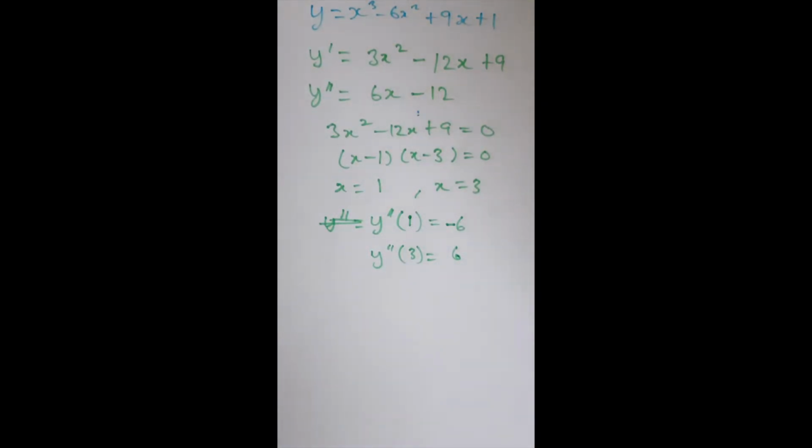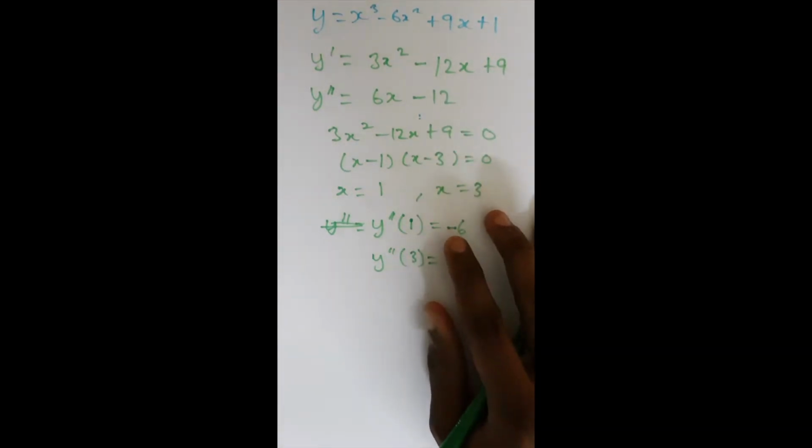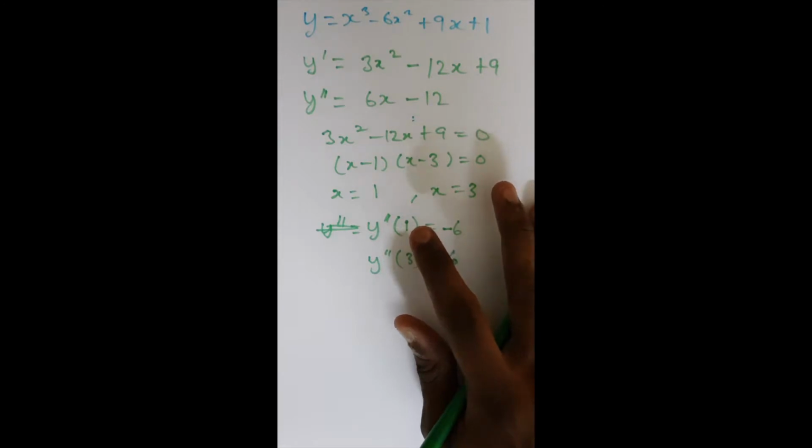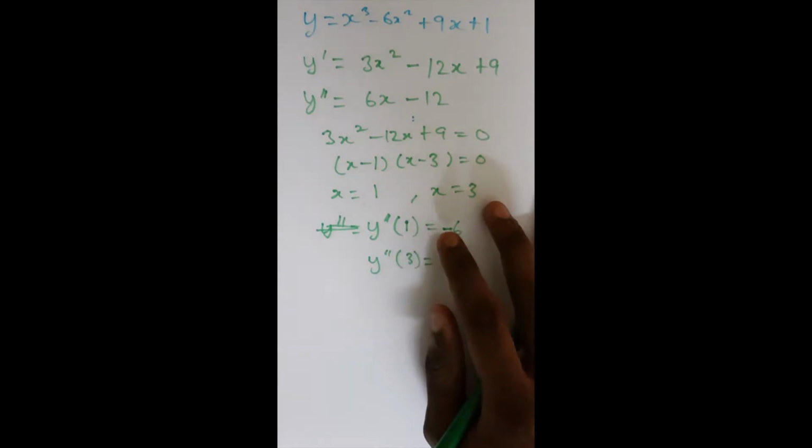Okay, what does this mean? If we want to determine whether the critical point is a local minima or local maxima, we're going to see what is the sign that it holds. So we can see that the critical point 1 has a negative, and the critical point 3 has a positive value.